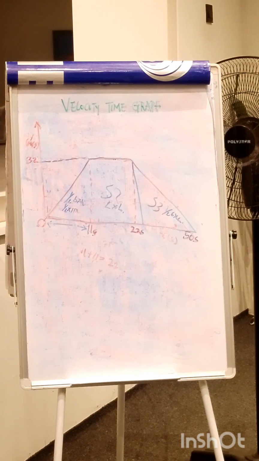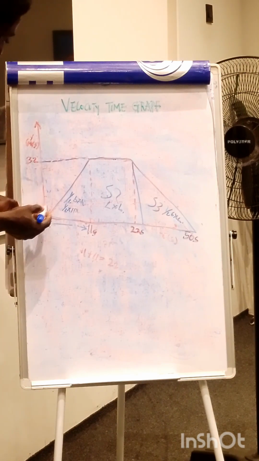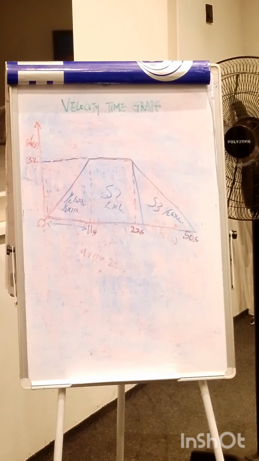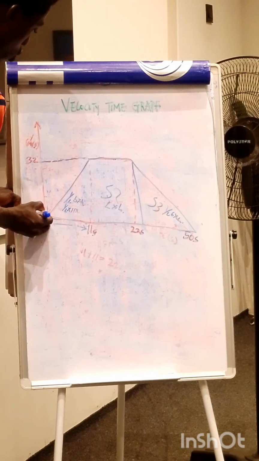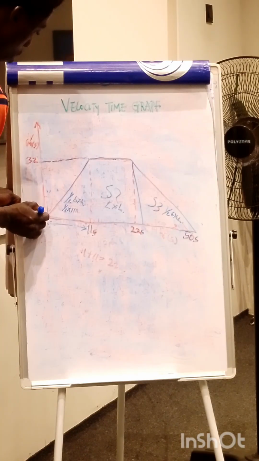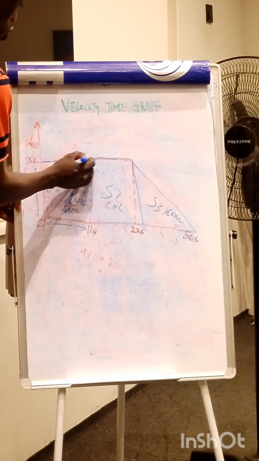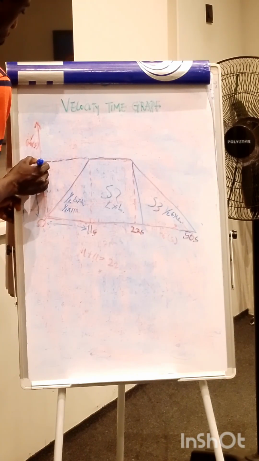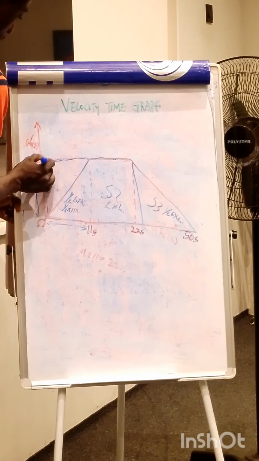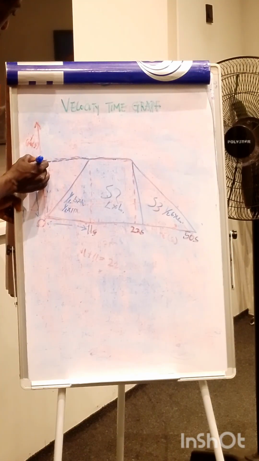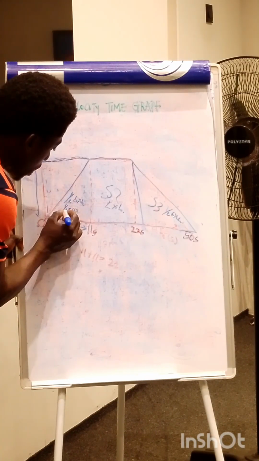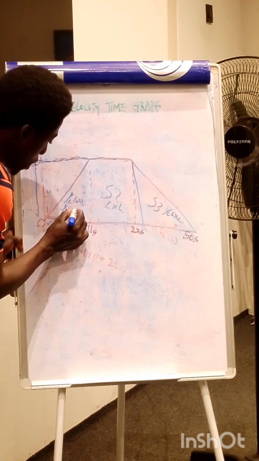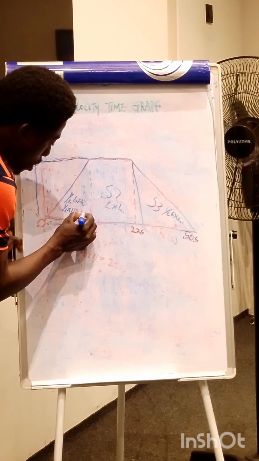Inside this same house, I have my height that is going up from here, and it stops here. The house ends here. That's why we trace this one here, and when we trace it, we find out that the height is 32. And since the height is 32, that's 1/2 multiplied by 11 multiplied by 32.